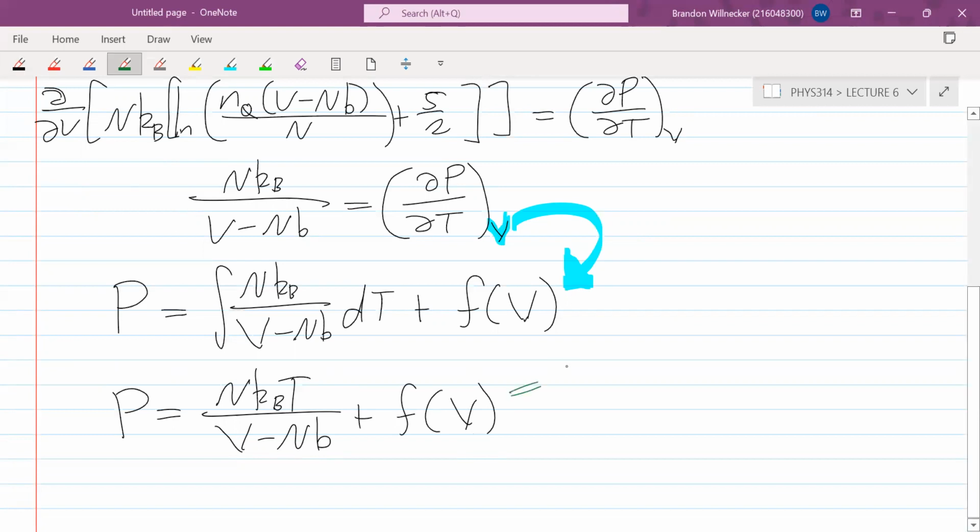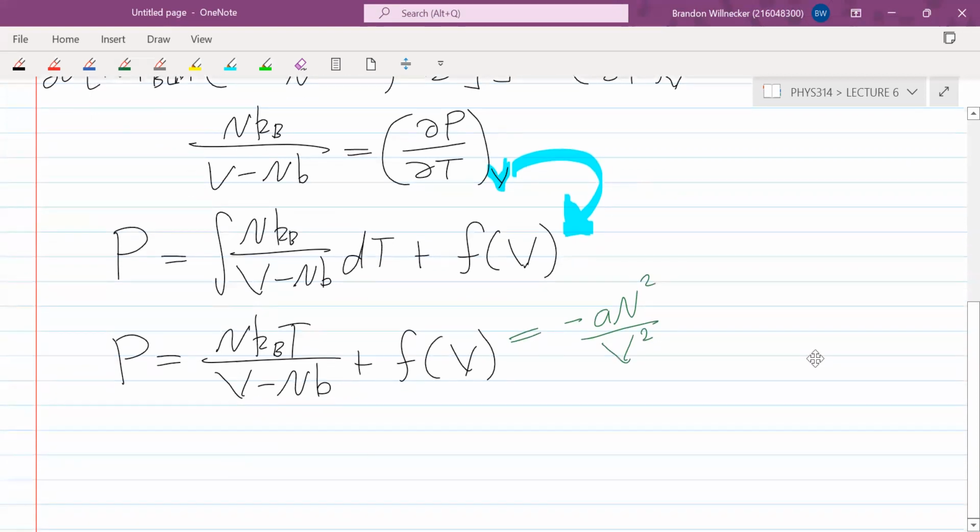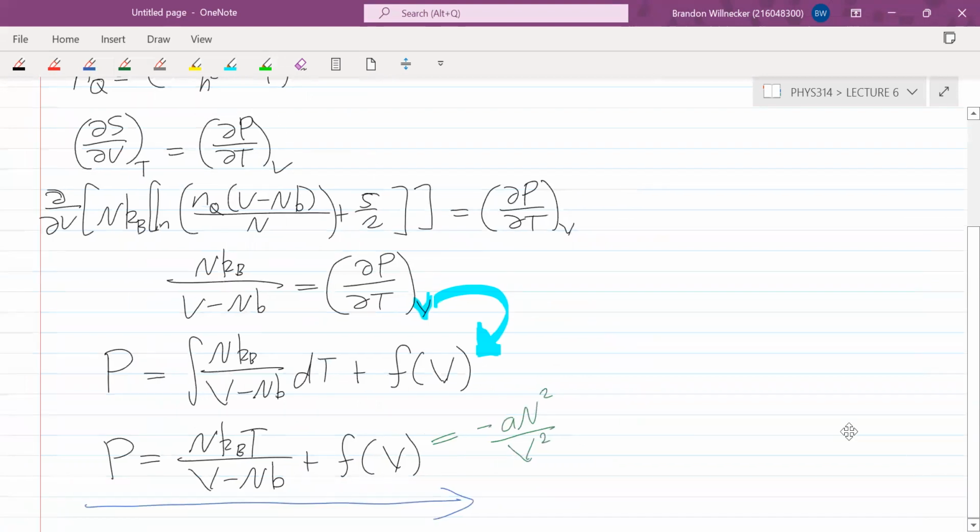This is equal to minus a N squared over V squared. And then that gives us our pressure here. Any questions on this?